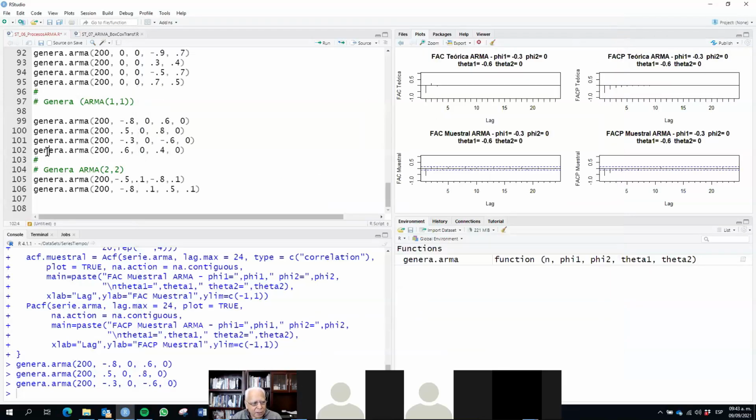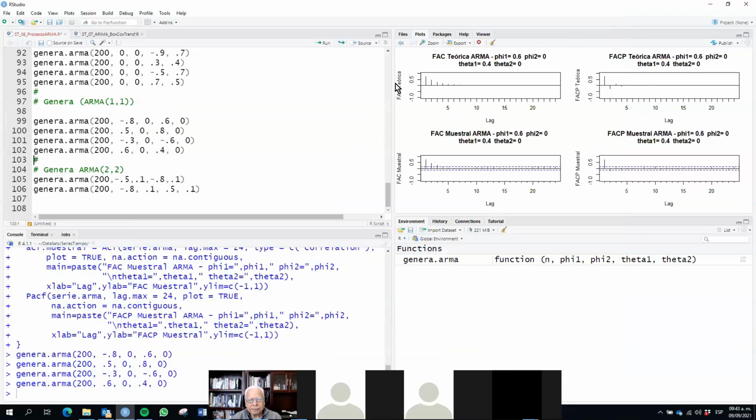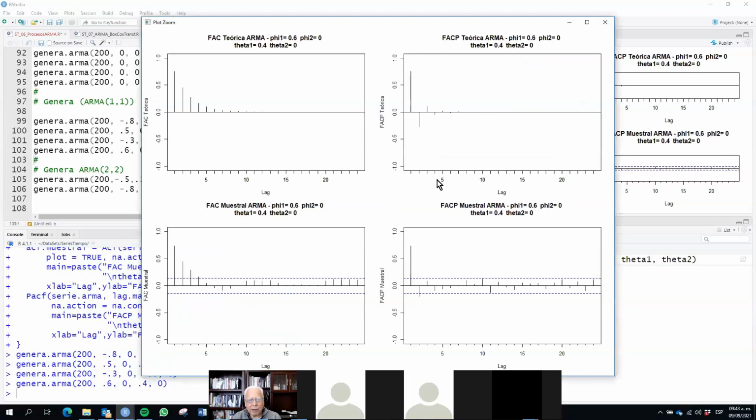And then this other one here, it's again an ARMA 1-1, and here it looks like the AR part is of order 1, but there may be an MA component also because of the way the autocorrelation function is behaving. These are the theoretical ones.